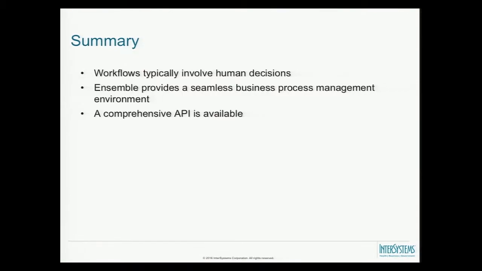We've also seen that Ensemble provides a seamless environment, so there's no distinction between automation and human interaction within business process language. It's all dealt with in exactly the same way. So from a development perspective, and also from a viewing perspective of the business process, it's much easier to work with. And we've also seen that there's a comprehensive API available within the system.